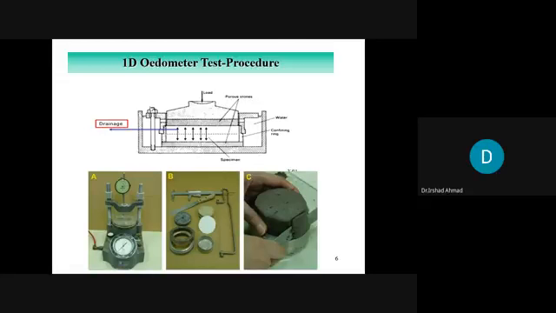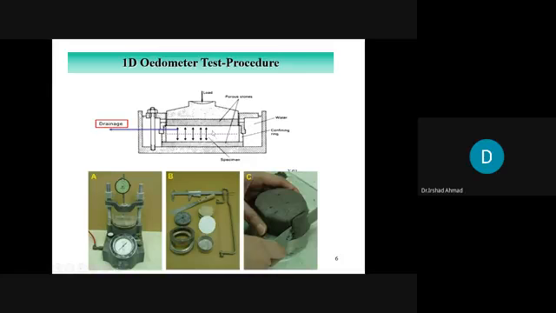So you keep all this setup in a pot which is filled with water, right? So the drainage occurs against this water. It is to simulate the water table at the site, right?